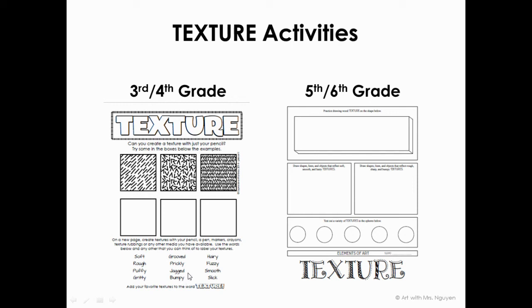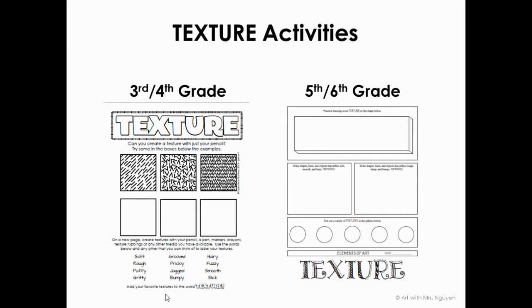And so you could actually do this on the back of the paper. Could you draw something that appears soft, rough, puffy, gritty, grooved, prickly, jagged, bumpy, hairy, fuzzy, smooth, or slick? So I'd like you to try, let's aim for at least 3 to 5 of those. And it's an exploration. You may try something and it doesn't quite have the effect that you're hoping for, but I want you to try again.